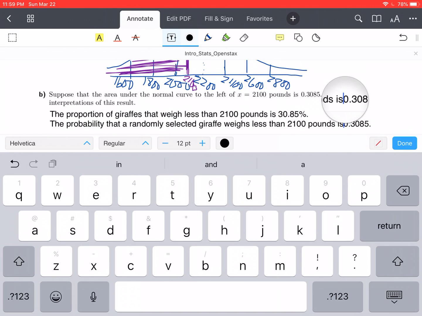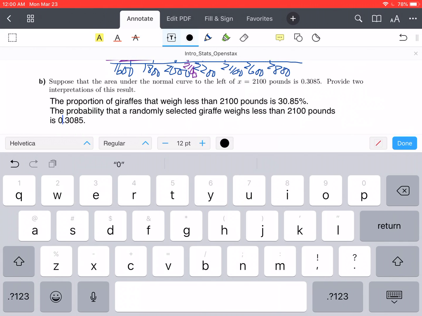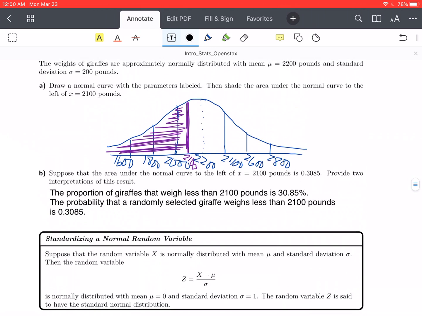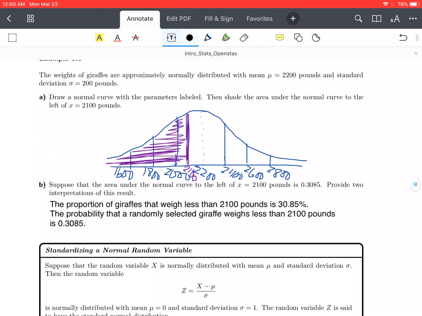When we are talking probabilities, the value always has to be between 0 and 1. So we can say, as a proportion, the proportion of giraffes in this population that weigh less than 2,100 pounds is about 30%. Or, as a probability, the probability that any random giraffe I select weighs less than 2,100 pounds is 0.3085.